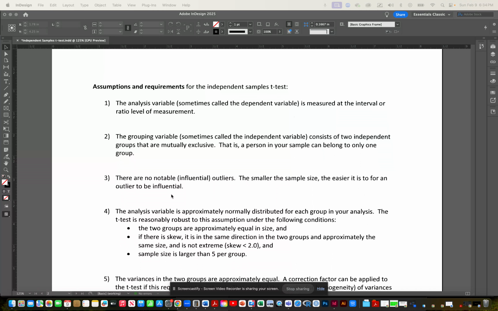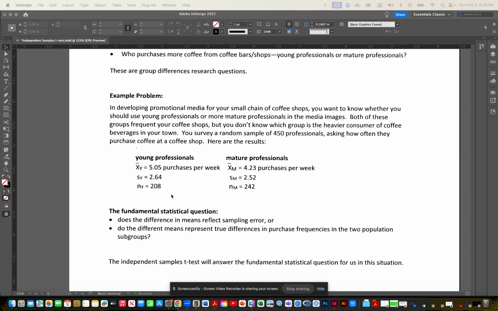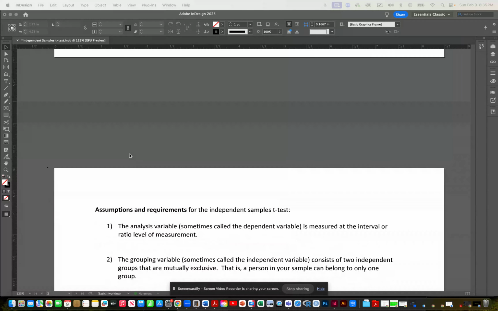And just like all the other types of statistical tests, we have assumptions and requirements that we have to meet. Number one, the analysis variable, sometimes called the dependent variable, is measured at the interval or ratio level of measurement. So we already talked about that. In our example, we're looking at means or averages, so they have to be numerical.